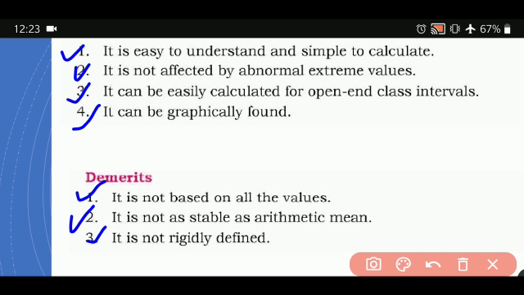In class 1A, there are 100 students. When all 100 students are present, then only the class is complete. If 2 or 5 students are absent, the class is incomplete. It will be complete only when all 100 students are present. This is the meaning of not rigidly defined, or taking all the values into consideration.